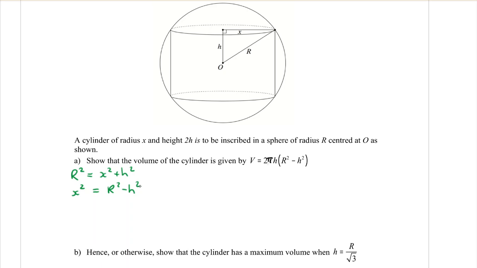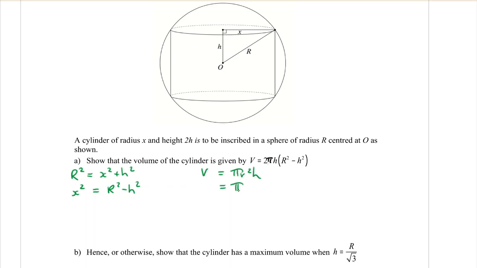I could square root that, but you're going to find that we don't need to, because now let's think about the volume of a cylinder. Again, what is the formula for the volume of a cylinder? Yes. Okay, my cylinder has a radius of what?